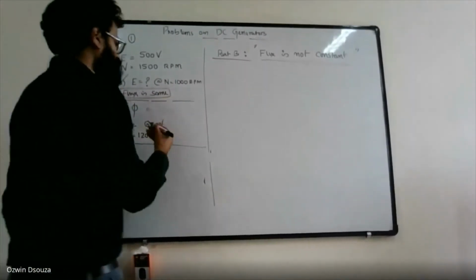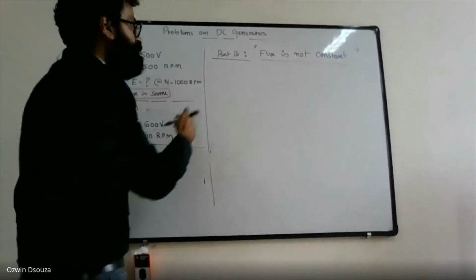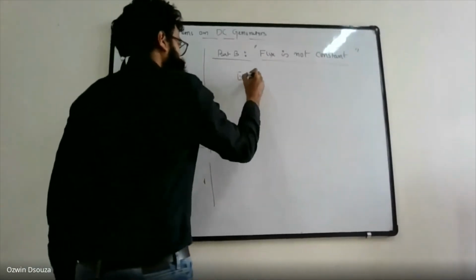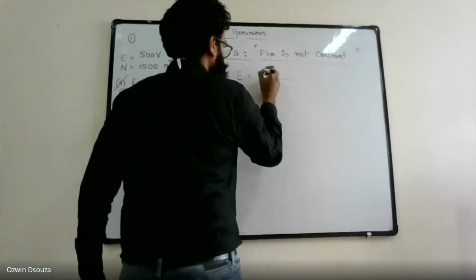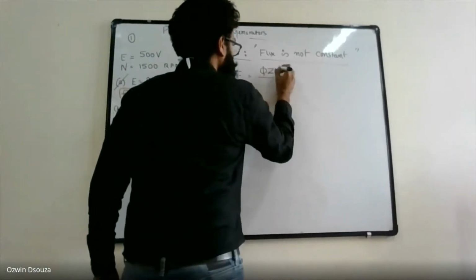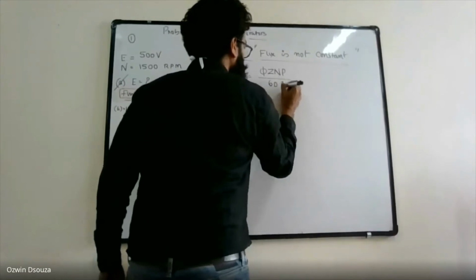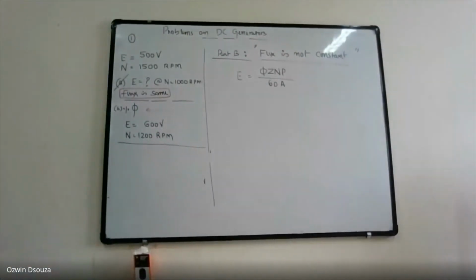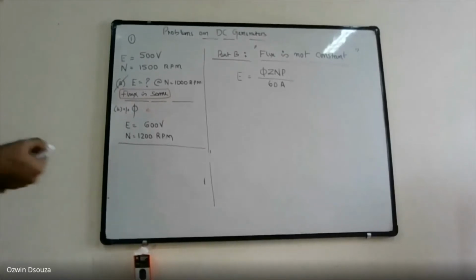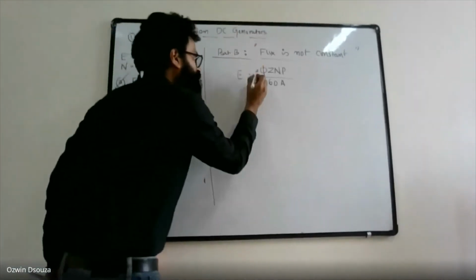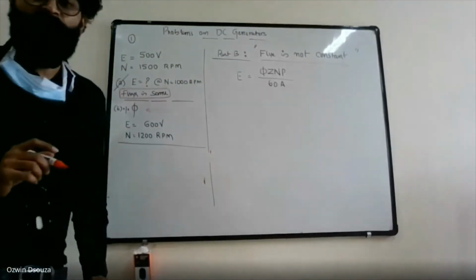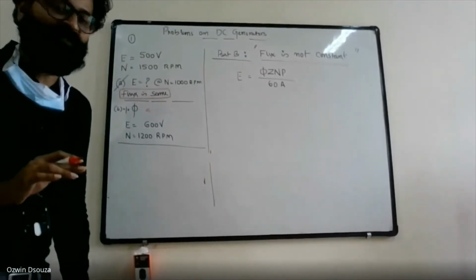Okay. Now, to handle this particular case, you have to start with the fundamentals. That is, write down the EMF equation. E is equal to phi Z N P divided by 60A. All right. Now, once again, you will have to identify the machine constants. Now, the question is, can you take phi as a constant? No, you can't take phi as constant, right?